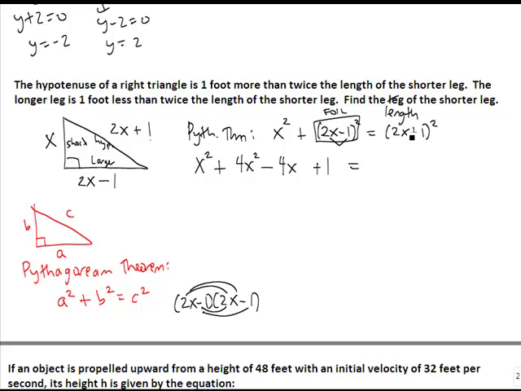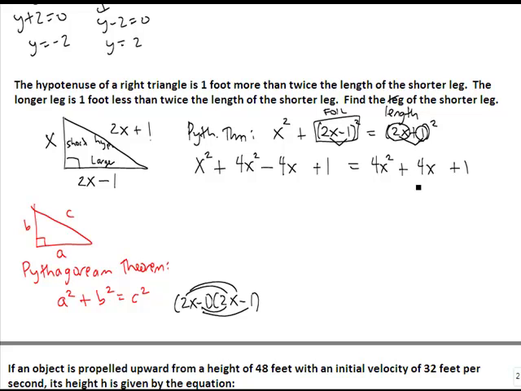Okay, on the other side, 2x plus 1 quantity squared, we're going to square the 2x, which gives us 4x squared. We're going to square the 1, which leaves us with 1, and the middle term will be these two multiplied together, doubled, because we're going to get two of them, one from the inners and one from the outers. So 2x times 1 is 2x, doubled is 4x, and since this was plus, our middle term is plus.